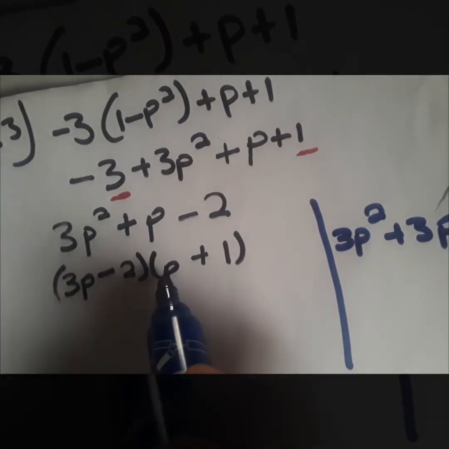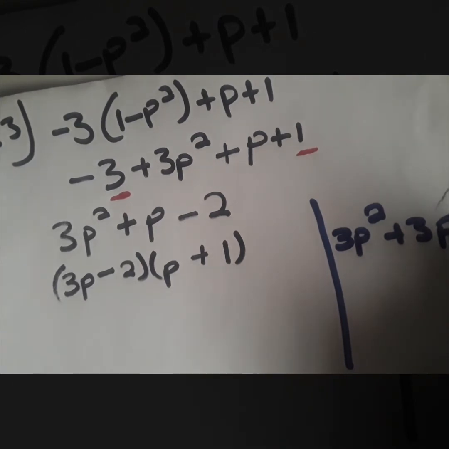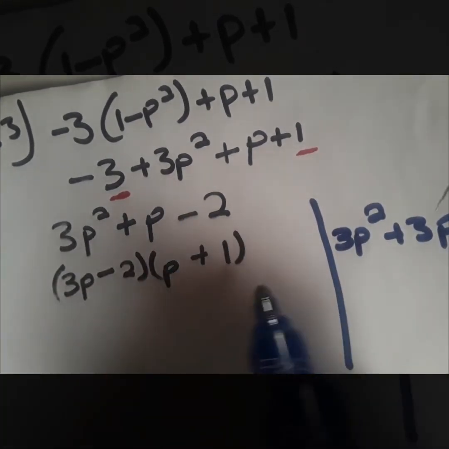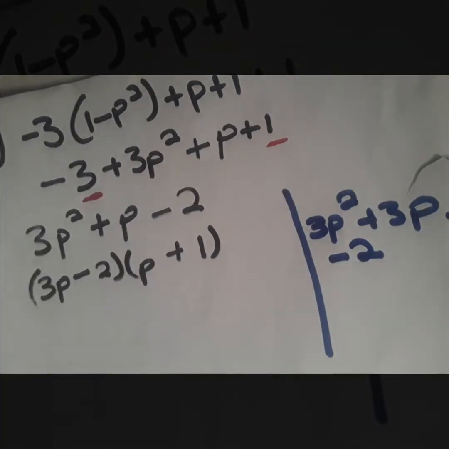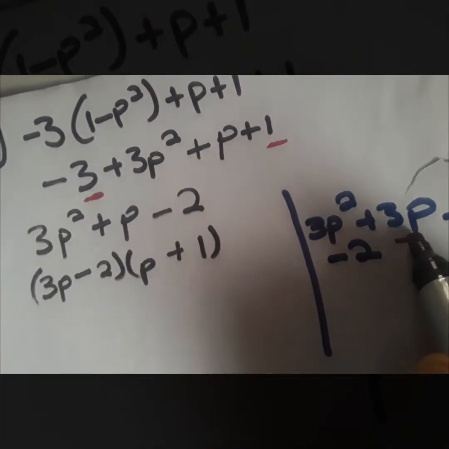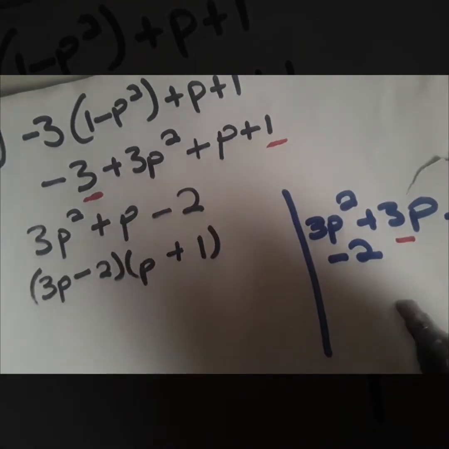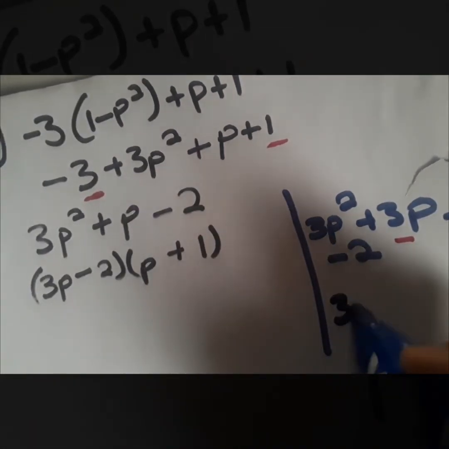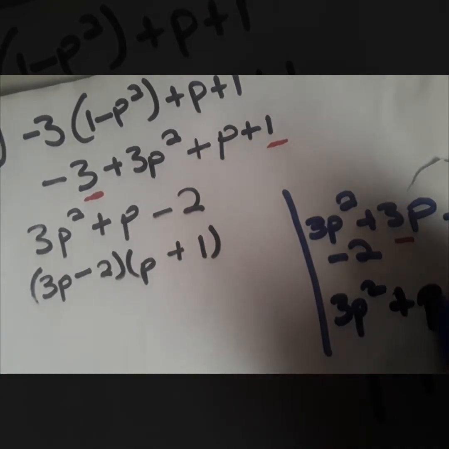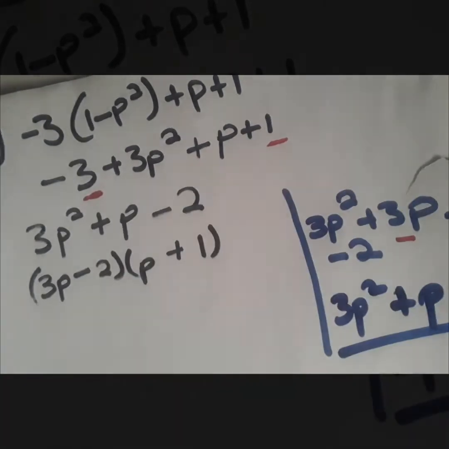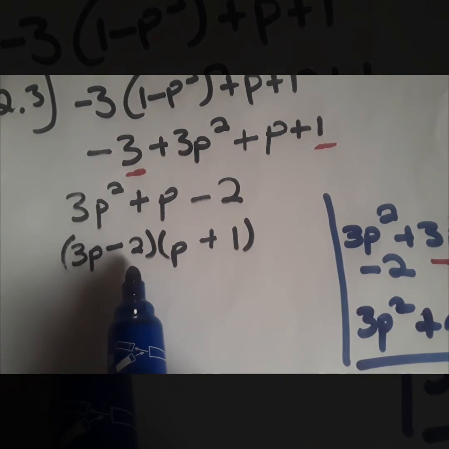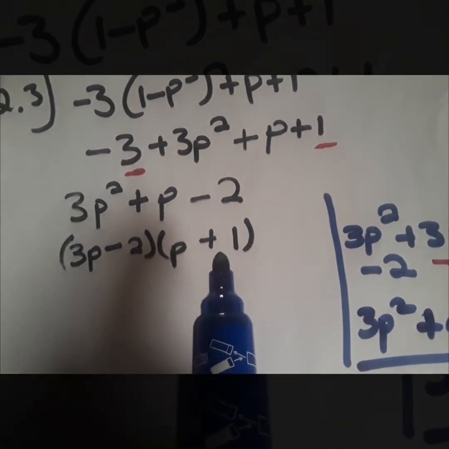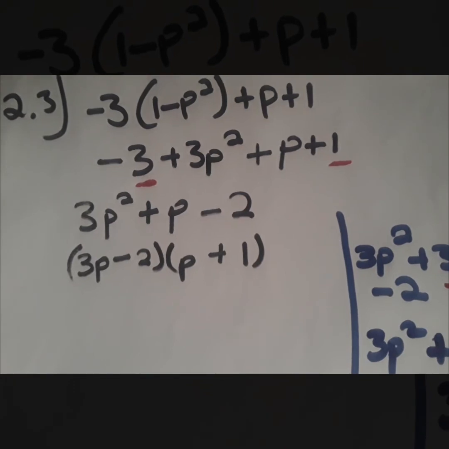Then minus 2 times p equals minus 2p, and then minus 2 times 1 is minus 2. 3p and minus 2p gives us p. So it's 3p squared plus p minus 2. This is the same thing. So that means our factors are correct. Now we have factorized.